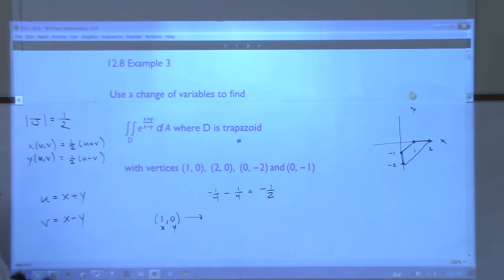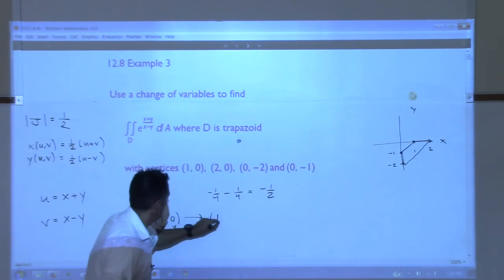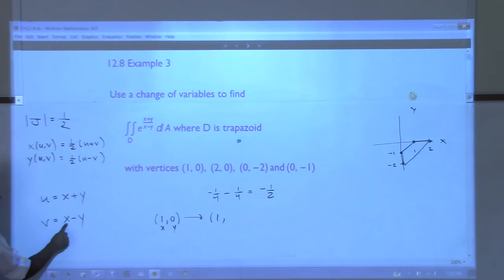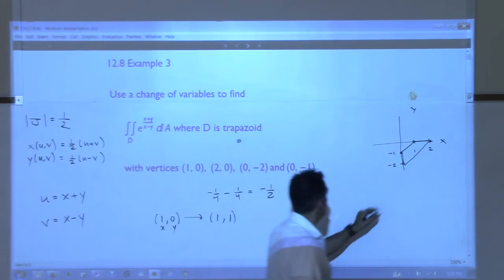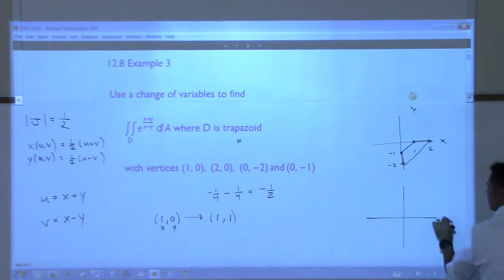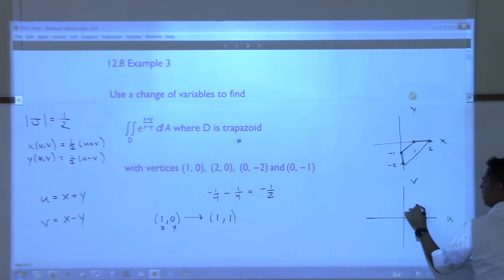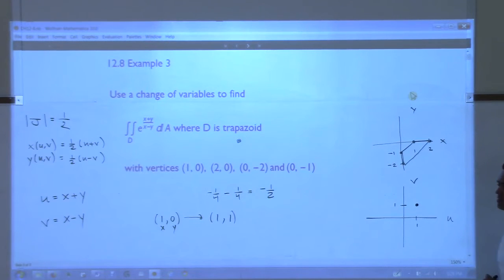We can go straight to u and v from this. Look, if x is 1 and y is 0, what's u? U is 1. And if x is 1 and y is 0, what's v? 1, right? So the point 1, 0 in the xy plane is going to go to the point 1, 1 in the uv plane. Okay, so that's that one.